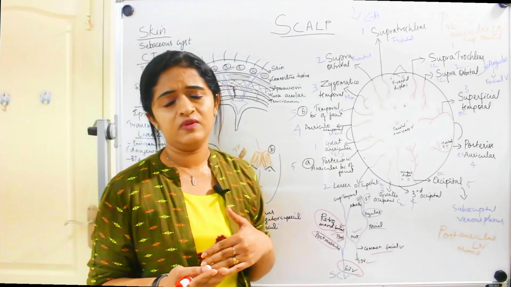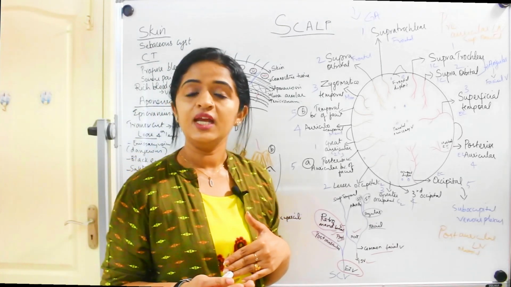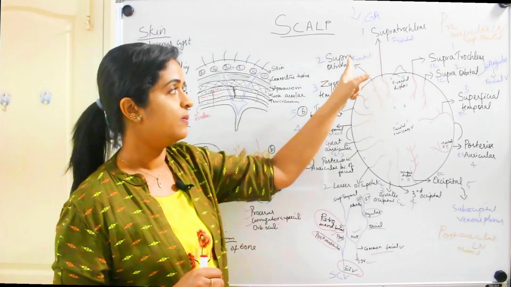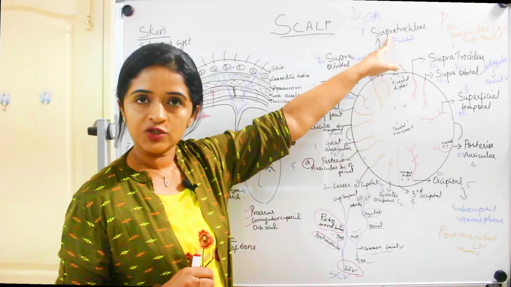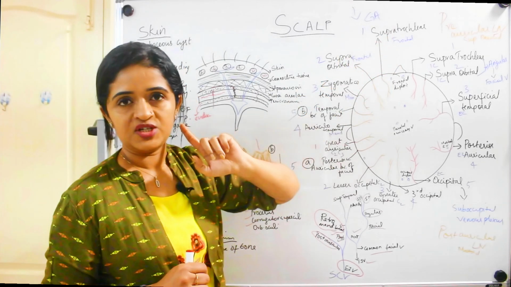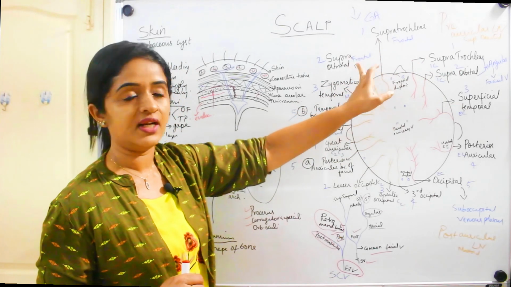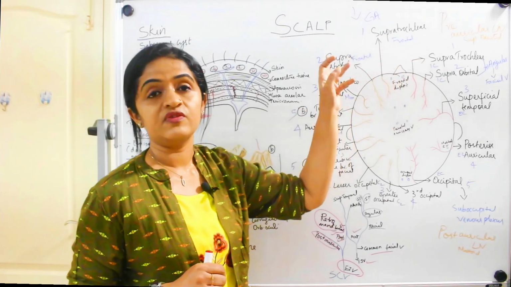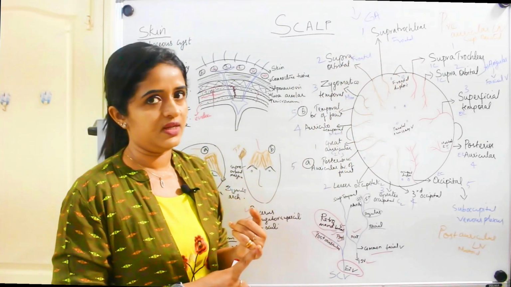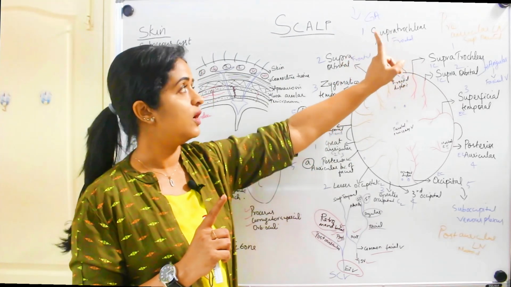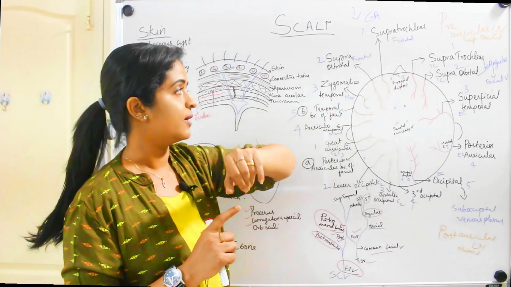So, first we will see the nerves which are coming in front of the auricle. We will start from before backwards. You have the supratrochlear and supraorbital. Just like our arterial branches, supratrochlear and supraorbital are branches of the frontal division of trigeminal nerve. So, frontal division gives rise to supraorbital and supratrochlear.